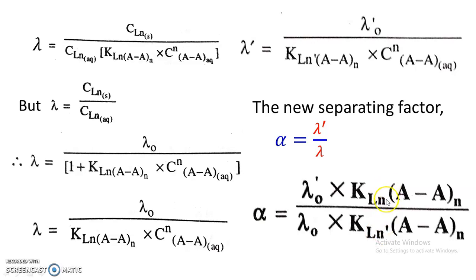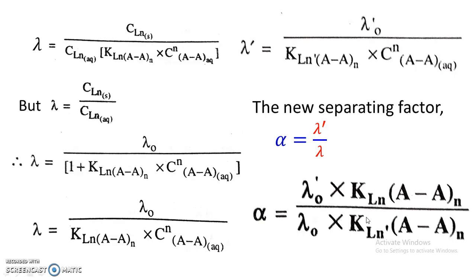So the important thing here is that the separation factor alpha depends upon the stability constant of the complex lanthanide ions, and this stability constant is different for different lanthanide ions because the stability of the complex lanthanide ion depends upon the size of the lanthanide ion.